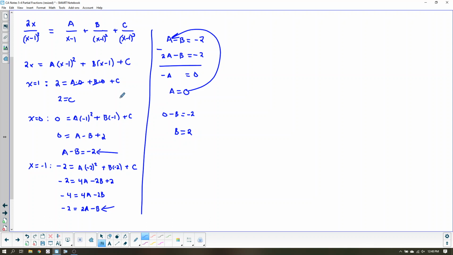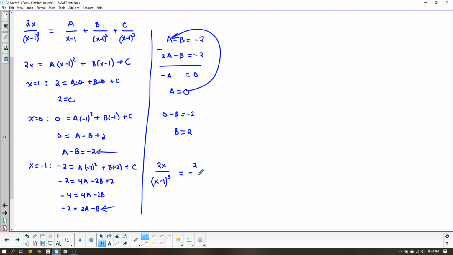Okay, so now we have all the values. We have our a, b, and c. So we can write out our final answer. So we have 2x over x minus 1 cubed. The first one I really don't need to write because it's going to get wiped out, so we'll skip that one.